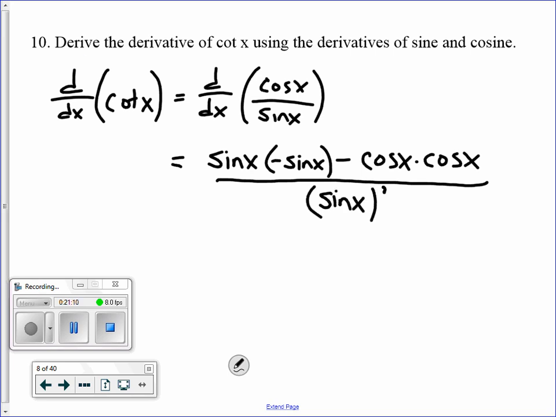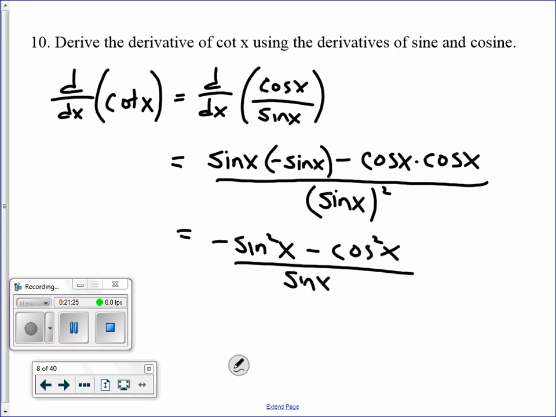I'll write it like this. Now we got to clean this up. So if we look at it, we get negative sine squared x minus cosine squared x over sine of x squared.